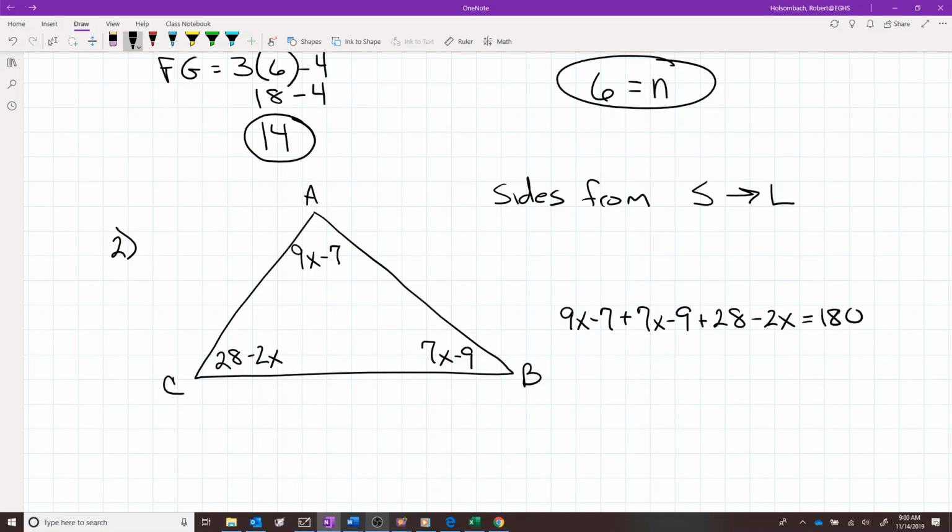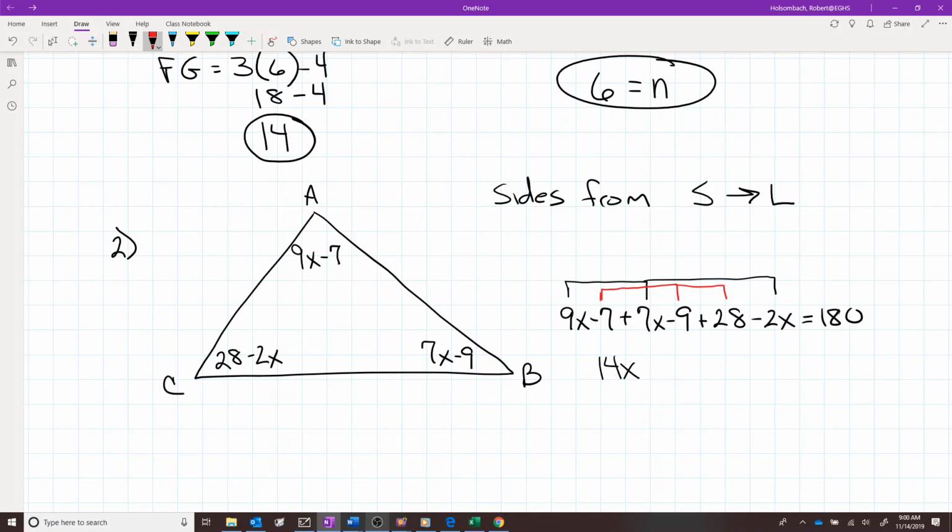So now you're going to combine your like terms. You've got a 9x and a 7x and a negative 2x. So 9 plus 7 is 16, minus 2 is 14x. Then you've got to combine your whole numbers. So you've got a negative 7 minus 9 plus 28.